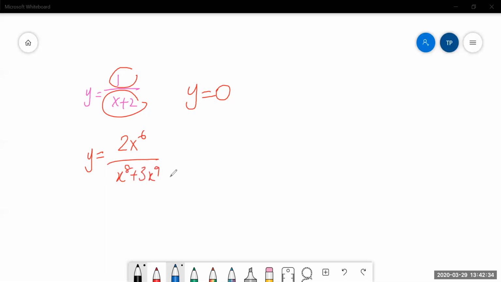Tell me y equals 0. Y equals 0 also. Very good. See, just by looking, you can tell.